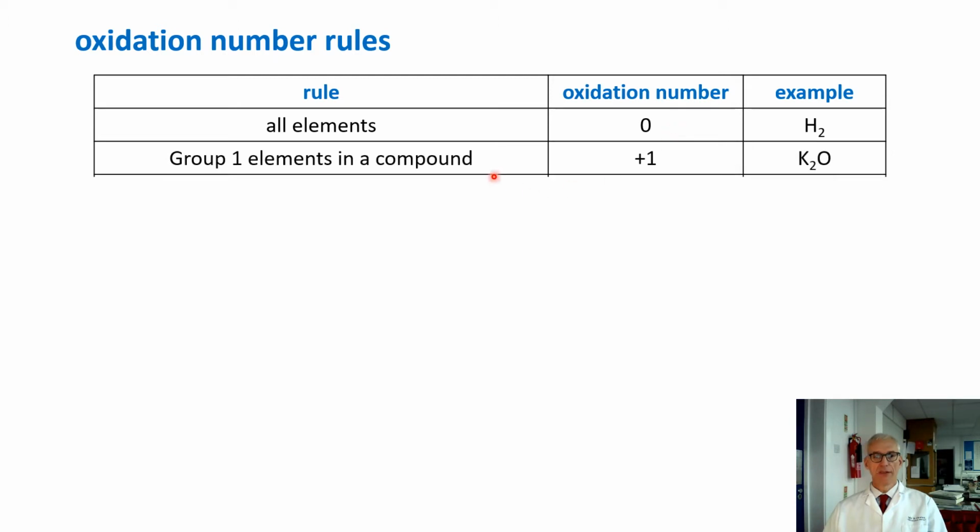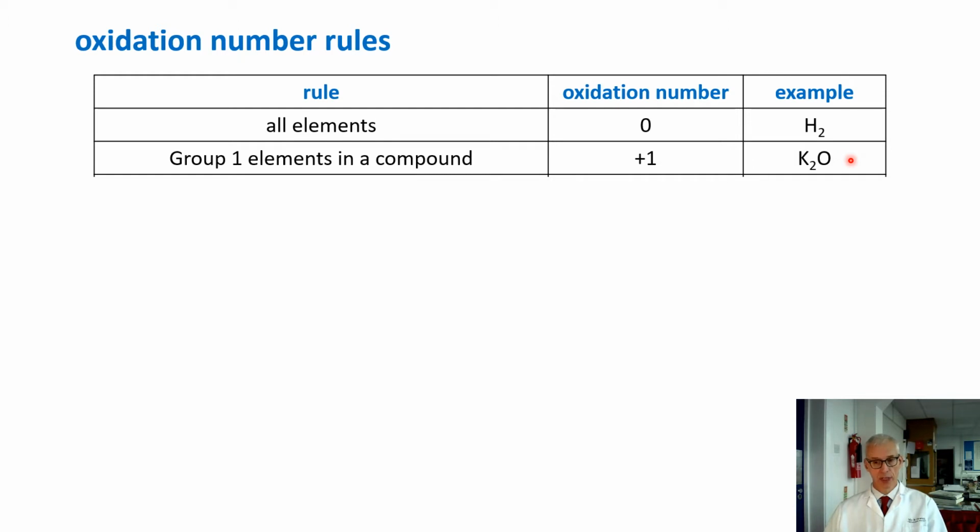Similarly, if a group 1 element is in a compound, so it's moved from being an element to forming a compound, then its oxidation number is always +1. For example, potassium oxide, K2O, the oxidation number of potassium is +1. Simply follows that rule.